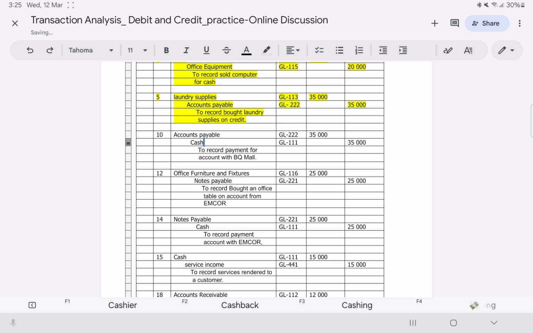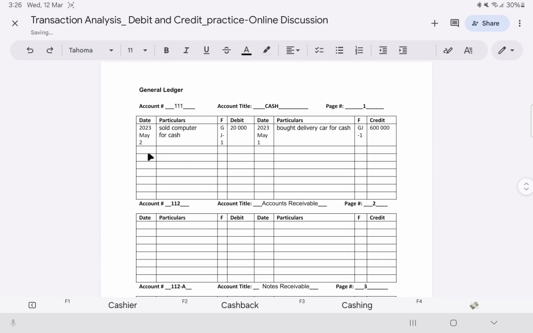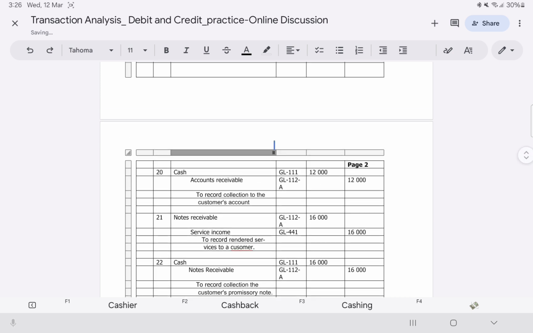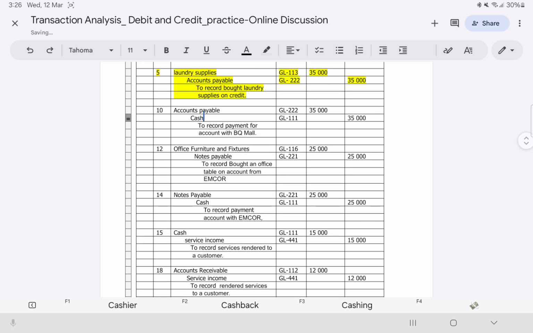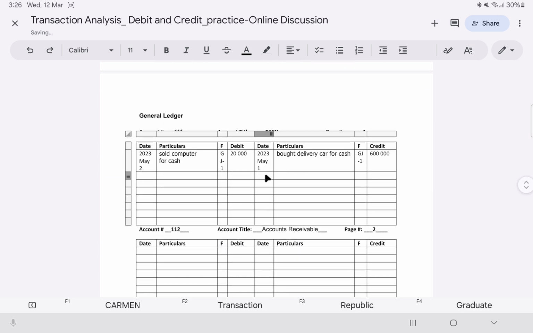Okay, so we have cash, 35,000 pesos. Our cash is debit or credit? Okay, May 10, so it's credit.